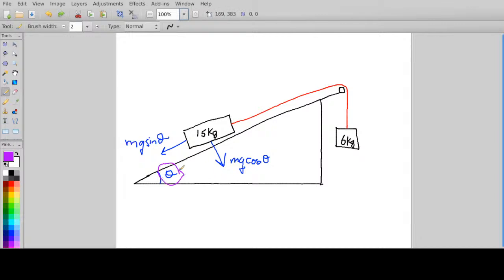That's how I remember that the component parallel to the plane is the sine. Conversely, when theta goes to 0, the cosine becomes 1, and you just go back to the weight of mg. I hope that helps. That's the way I remember it, but however you want to remember it, there it is.